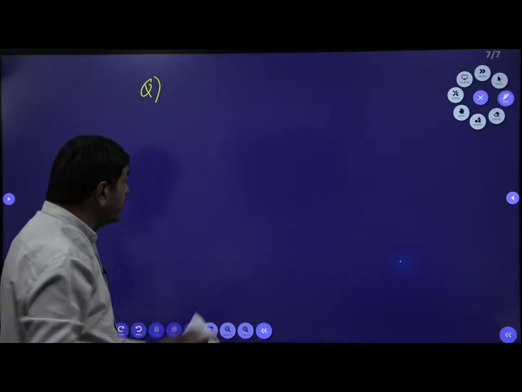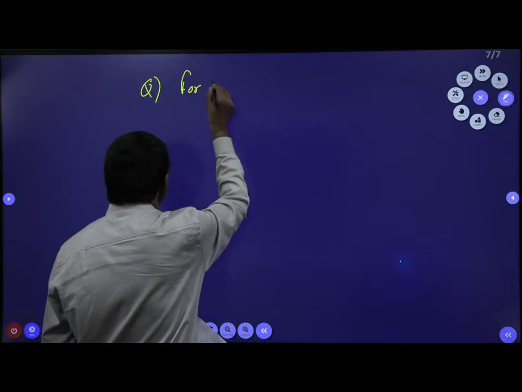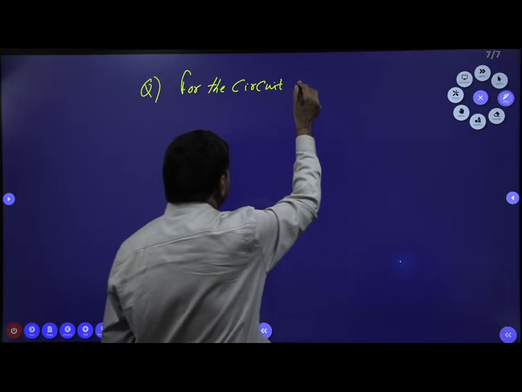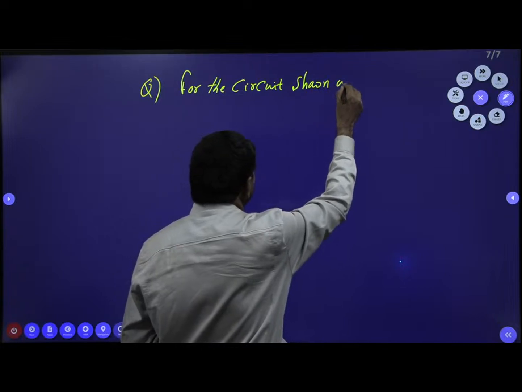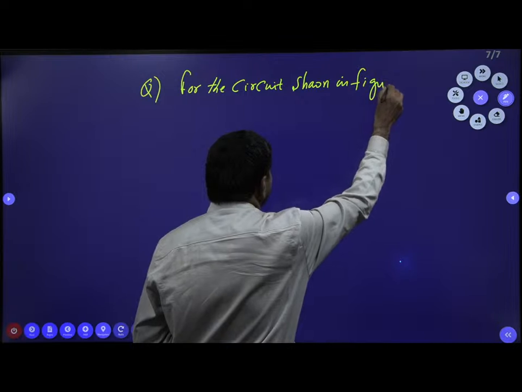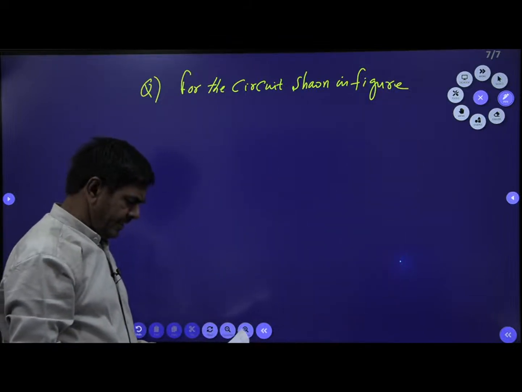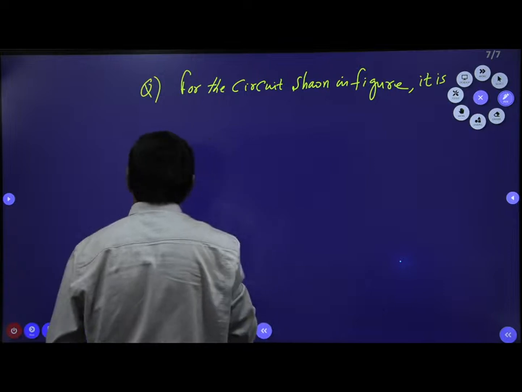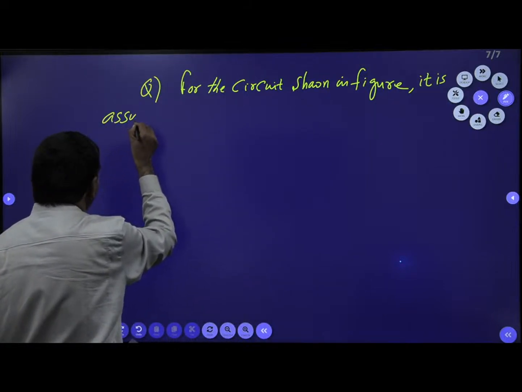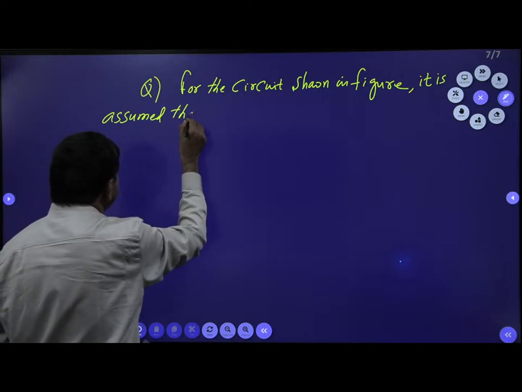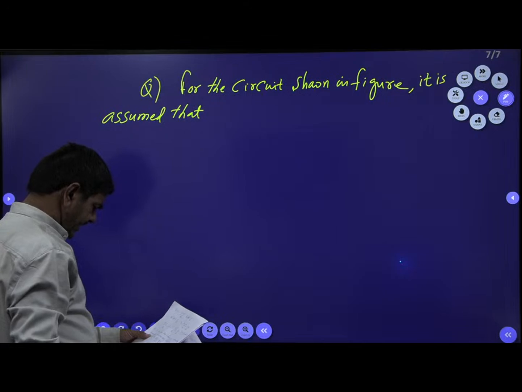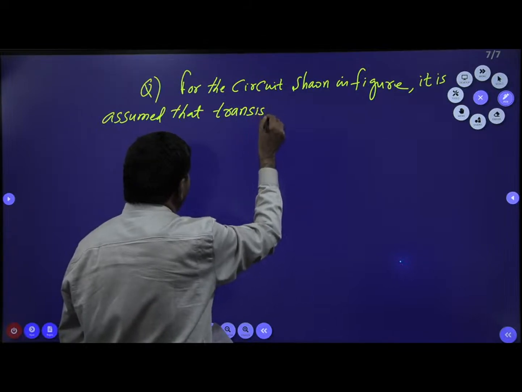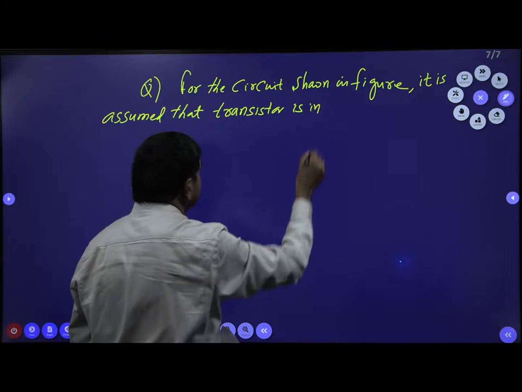For the circuit shown in figure, it is assumed that the transistor is in active region.